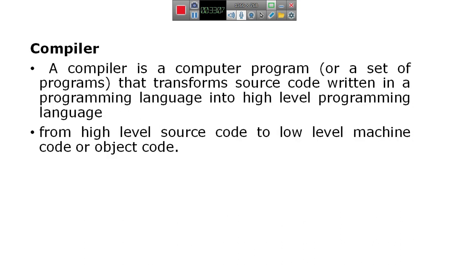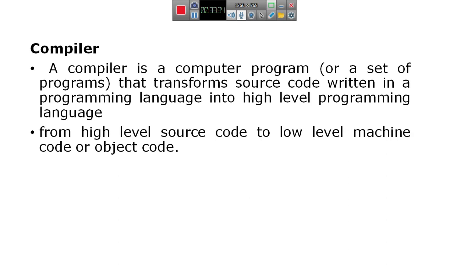So in a simple way, we say that the compiler is one of the language translators to convert a high level language like a C program into machine code. Assembler is also a language translator program.